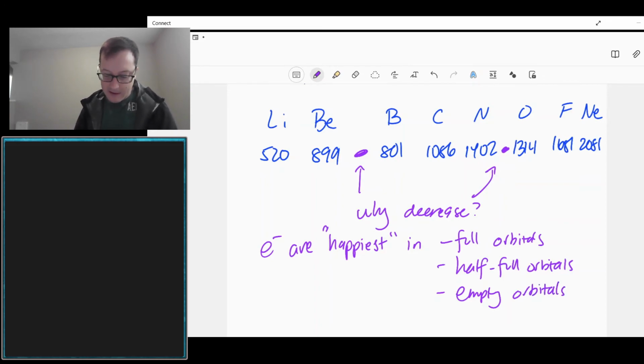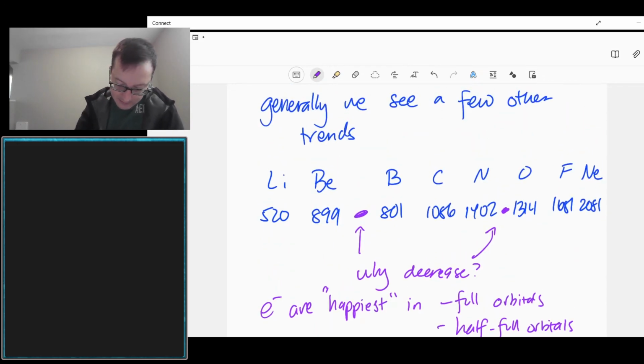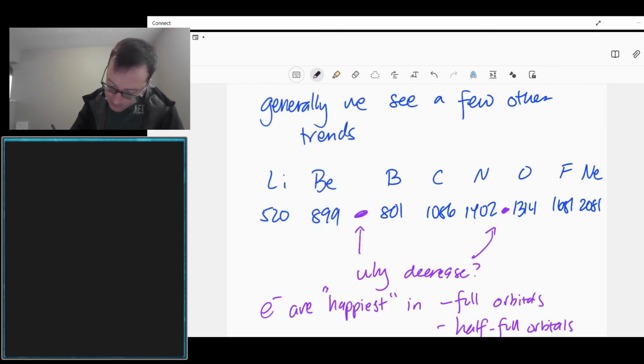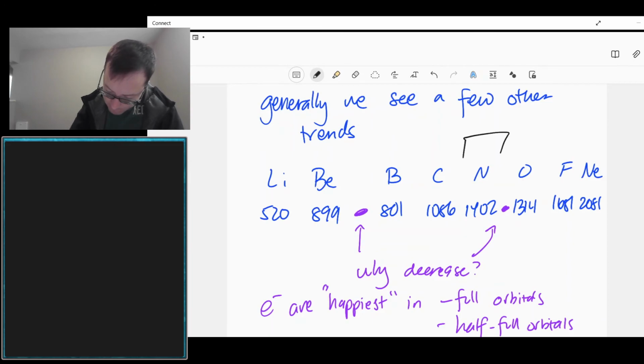And what I mean by that is if we take a look at these electrons, if we think about nitrogen, its p electrons are half filled, right? And oxygen's, oh, I think I might have to delete it.